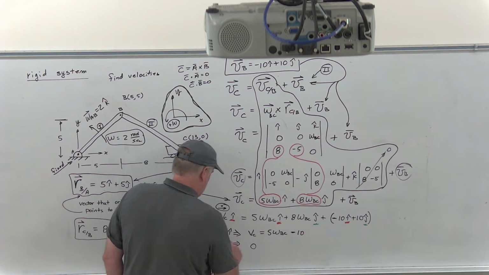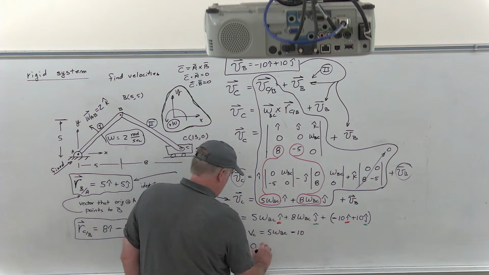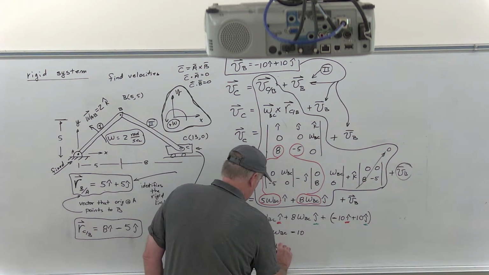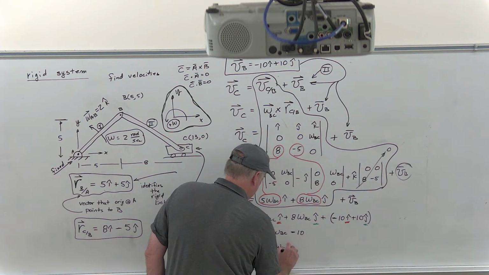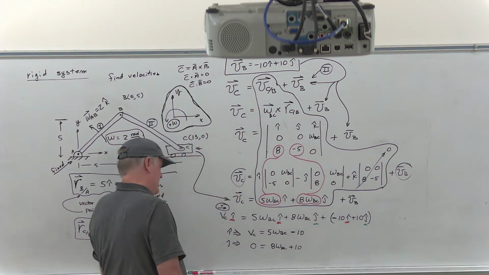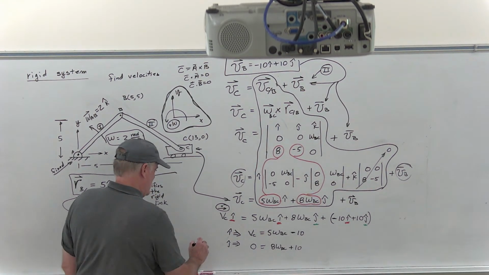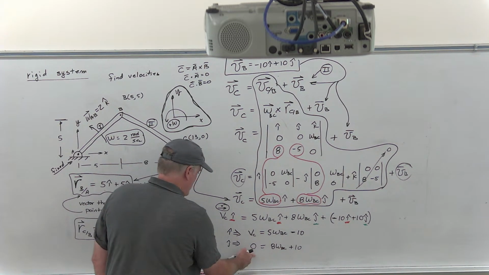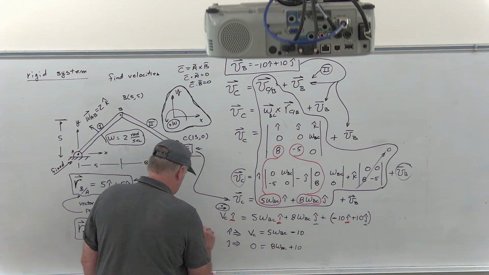The J's are in the green, and I get 0 on the left, and I get 8 omega BC plus 10. So from the bottom one, omega BC, I move the 10 over, it becomes a minus. I get minus 10 over 8.